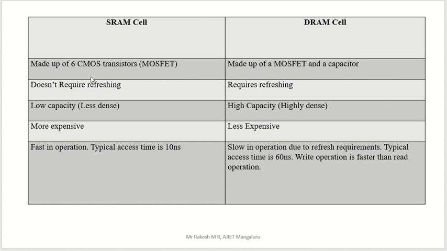SRAM doesn't require a refreshing circuit, but DRAM does, because a refreshing circuit is required for capacitors. SRAM has low capacity, DRAM has high capacity. SRAM is expensive because we are using flip-flops, but DRAM is less expensive compared to SRAM. SRAM speed is high, but DRAM speed is low.